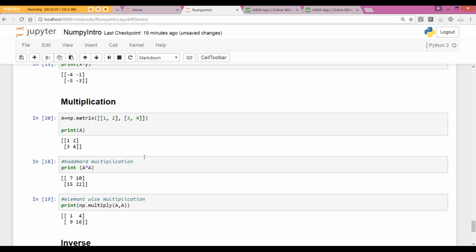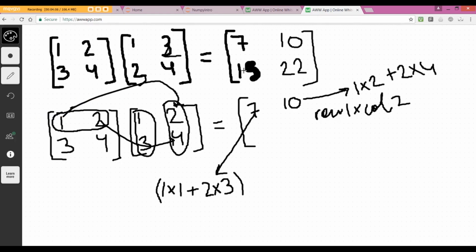And now I'm going to carry out matrix multiplication, A star A. And this is the output we get. You can compute this by hand, but in order to get this 7, the first row was multiplied by the first column and added, 1 into 1 plus 2 into 3. Then for this, the first row was multiplied by the second column, and that is how we get the 10, and so on. And for this particular element, we are going to multiply the second row by the first column, and so on.